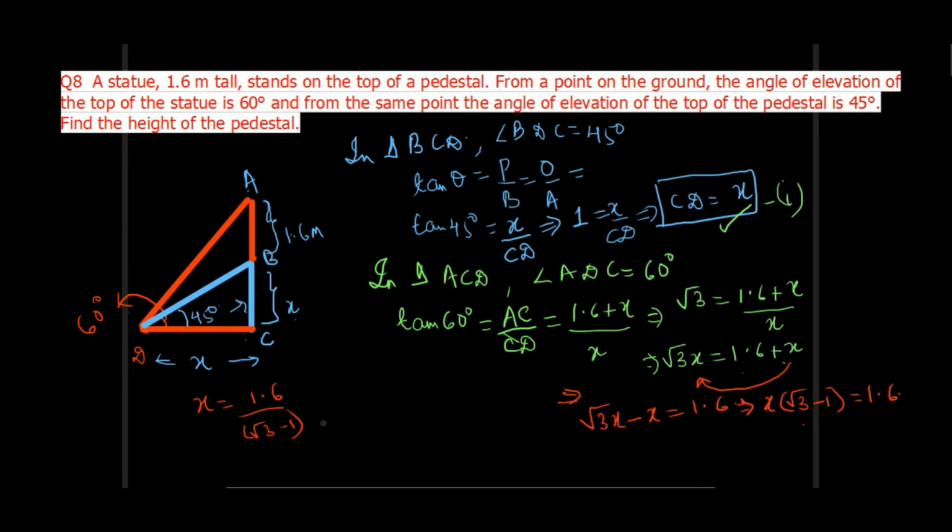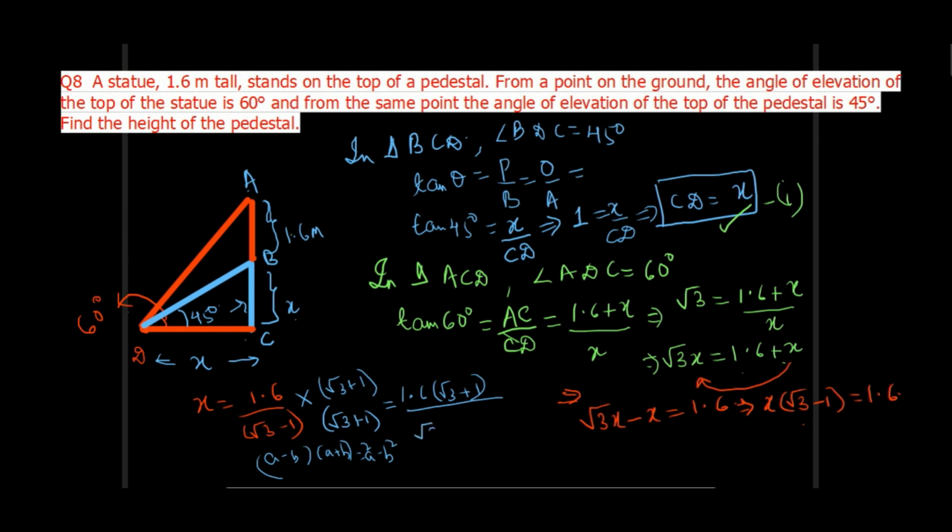Now we cannot leave the answer in this form, so we'll have to rationalize. To rationalize, we multiply with the conjugate of the denominator, so let it be root 3 plus 1 in numerator and denominator. So what I get is 1.6 times (root 3 plus 1) upon, in the denominator, a minus b into a plus b, which gives a square minus b square, if you remember.